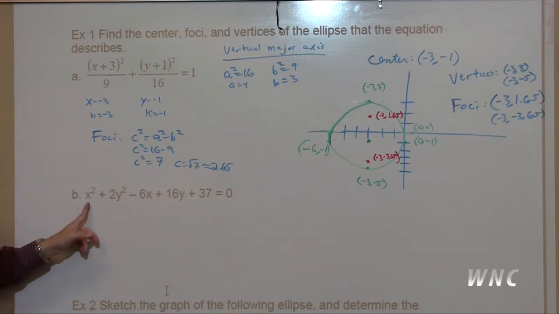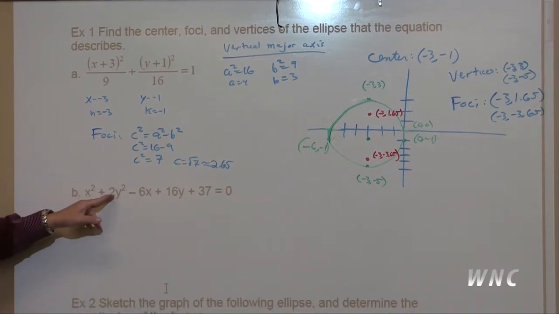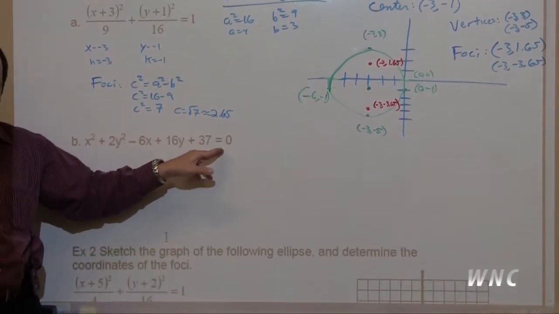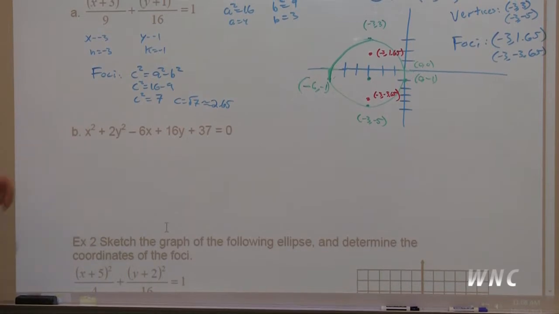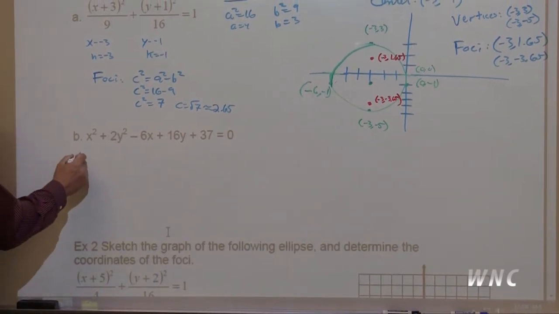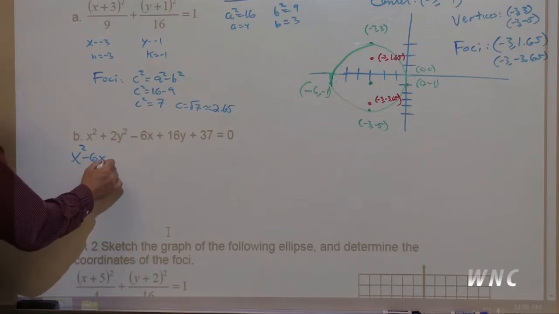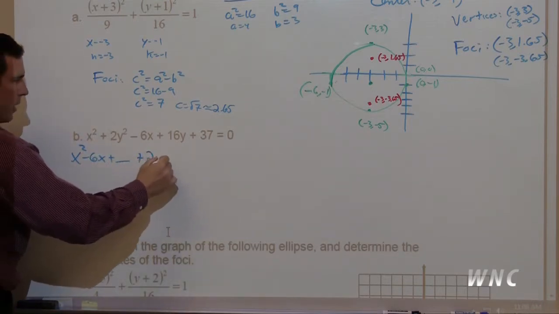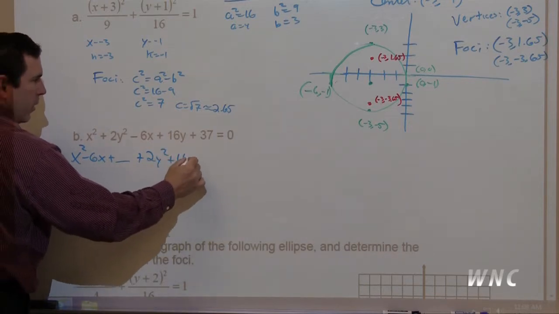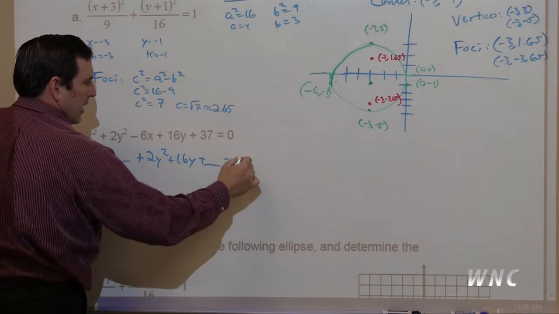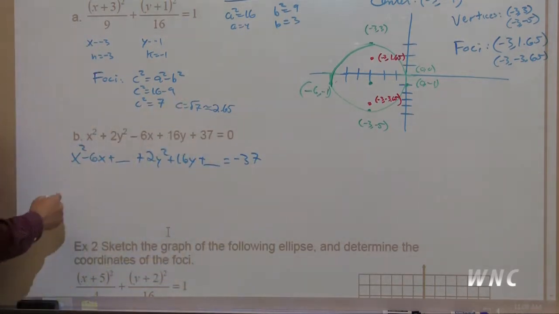Let's look at B here. x squared plus 2y squared minus 6x plus 16y plus 37 is 0. So we're going to do a little bit of algebra first. So we do x squared minus 6x plus blank plus 2y squared plus 16y plus blank equals -37, and move the 37 over.